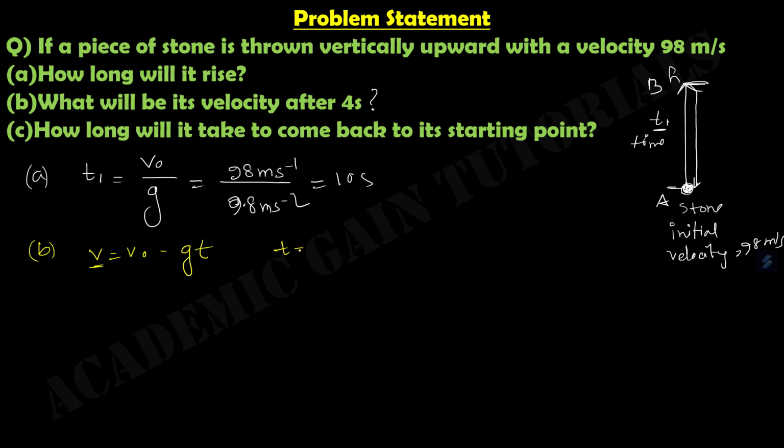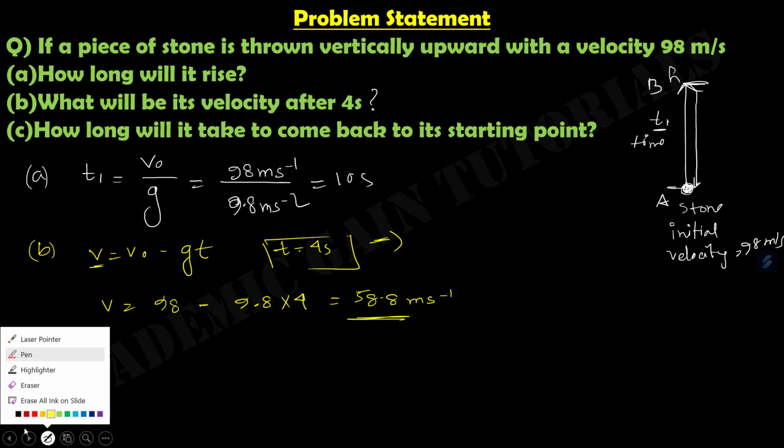If I put v naught equals 98 meter per second, g equals 9.8, and t equals 4 seconds, we get v equals 58.8 meter per second. So after 4 seconds, the velocity of this stone will be 58.8 meter per second.